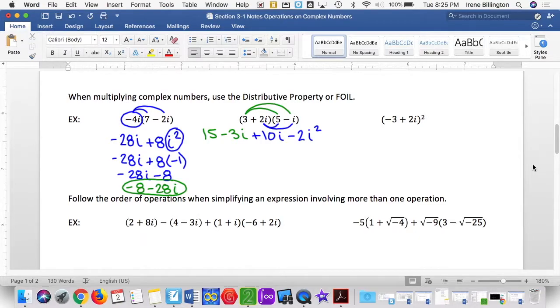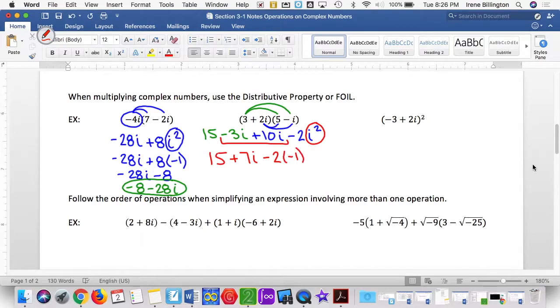Okay, there are two things that I'm going to do in my next step. I am going to combine the like terms, which are going to be negative 3i and 10i, and I am also going to replace i squared with negative 1. Okay, so when I do that, I get 15 plus 7i minus 2 times negative 1.